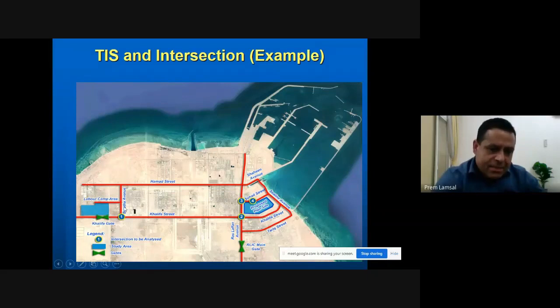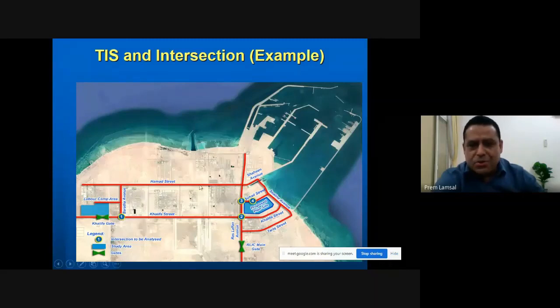During the construction period, these laborers were planned to take this route, coming to this intersection 1 and taking this Khalifa Street, you can see here, and going to this intersection B and using this intersection C, they are getting into the proposed site plan here. That was the intention. And we were asked to carry out the traffic impact study for this project.